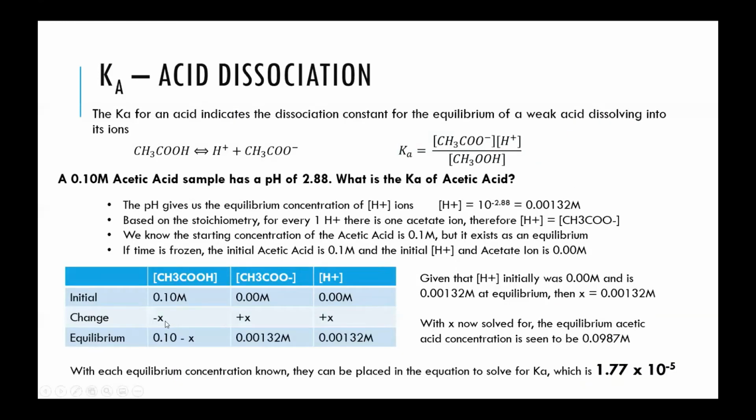So once you have determined which direction the reaction is going to shift, you know that the initial concentration of reactant is going to go down by some amount, and the other side is going to increase by that same amount.